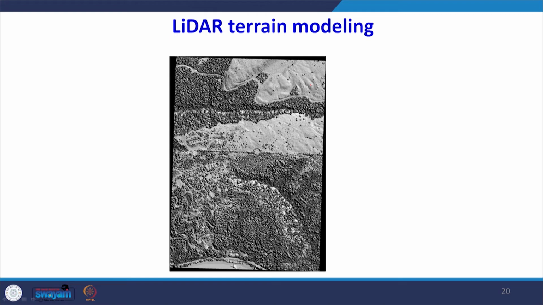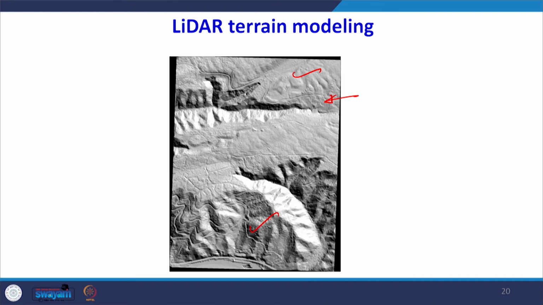LiDAR data has been collected, and one can see a river which is giving its peculiar shape. Then there is an area without vegetation cover, and an area with vegetation cover. So one can actually create this kind of a digital elevation model.